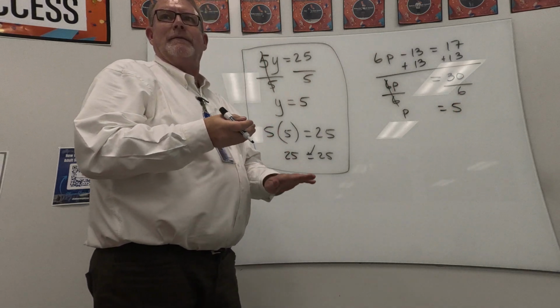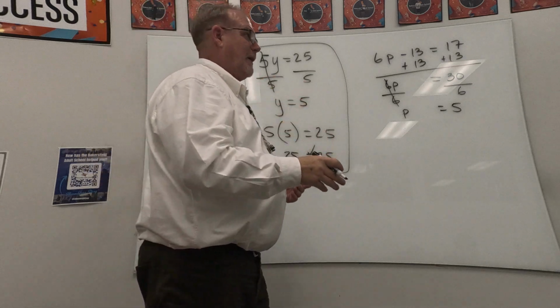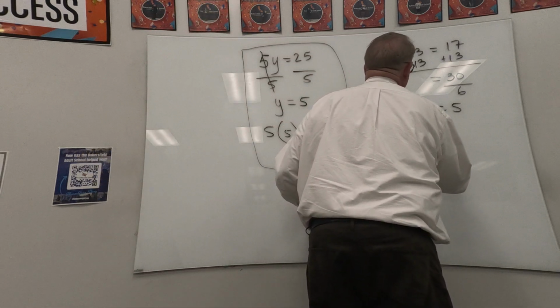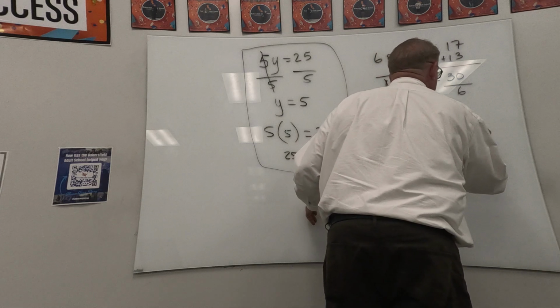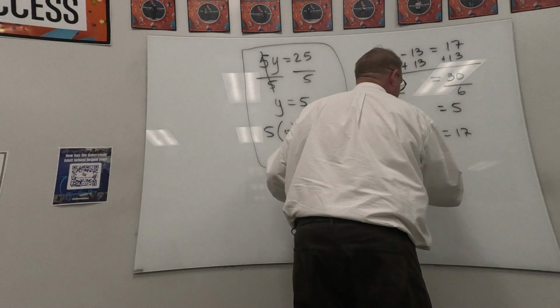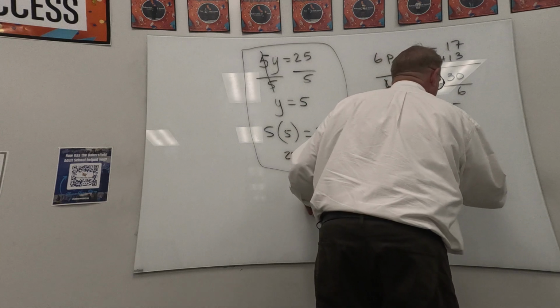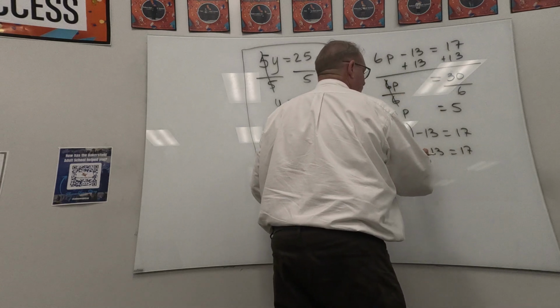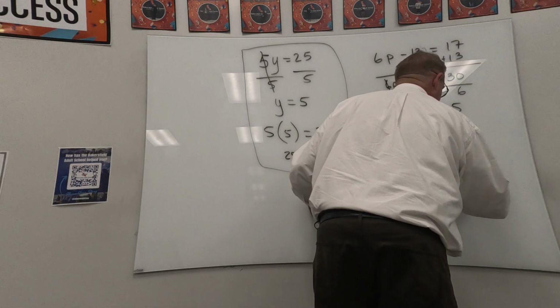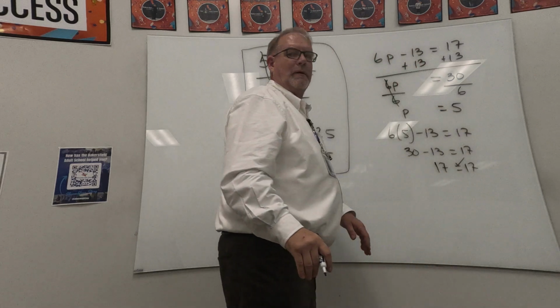Everybody agree? Well, even if you don't, let's check our work. 6 times 5 minus 13 equals 17. 6 times 5? 30 minus 13. And it works.